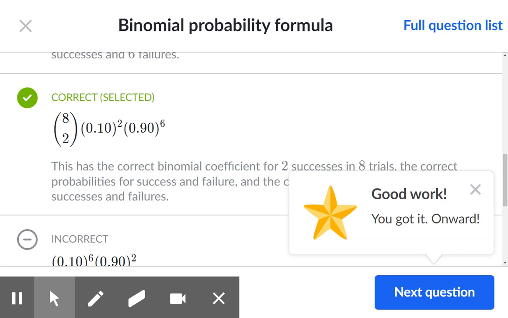And I want to multiply that by 0.1 raised to the 2nd power, and then times 0.9 raised to the 6th power. Ladies and gentlemen, do you see that the results are the same? So you can work this out individually and then multiply them, or you can use the binomial PDF.